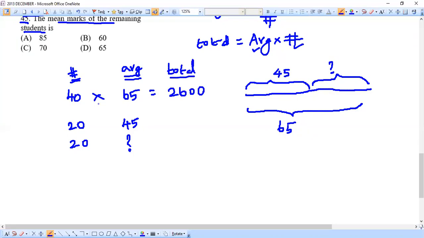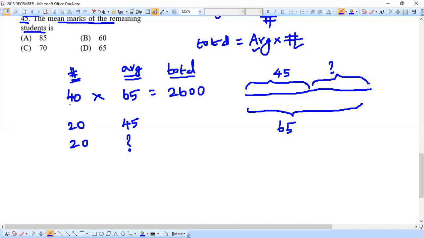Actually, what I did is I just calculated 4 into 65. I know 65 two times is 130, and once again 130 two times is 260. Because if I want to multiply a number by 4, I can double it 2 times. Very simple, right? The same thing is what I did here.